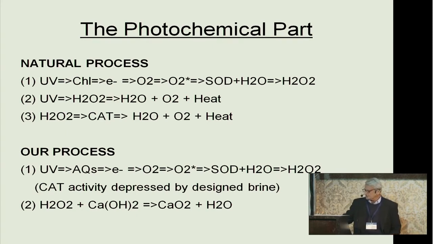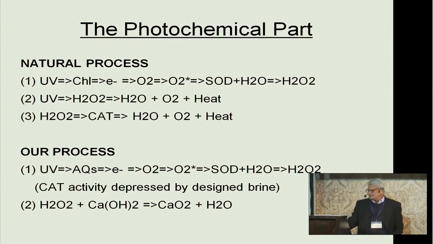This is a natural process in which UV via SOD gets into hydrogen peroxide. Then the UV also decomposes the hydrogen peroxide into water plus oxygen plus heat. And this is the UV intervention, but when there is a catalase, the same thing happens, right?